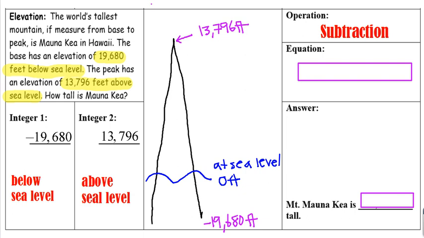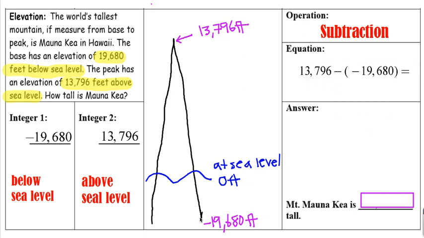So our equation for this is the top number, the high number, which is 13,796, subtracted by the low number, negative 19,680. We're going to do the subtraction problem using the keep, change, change method again.